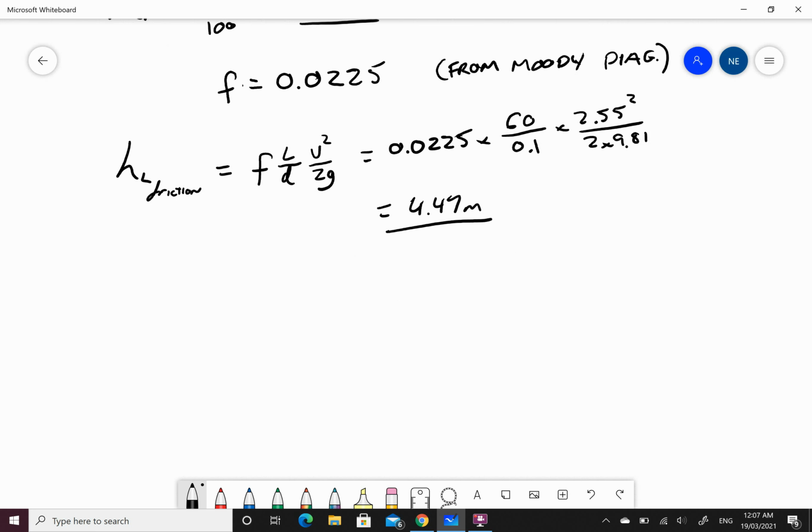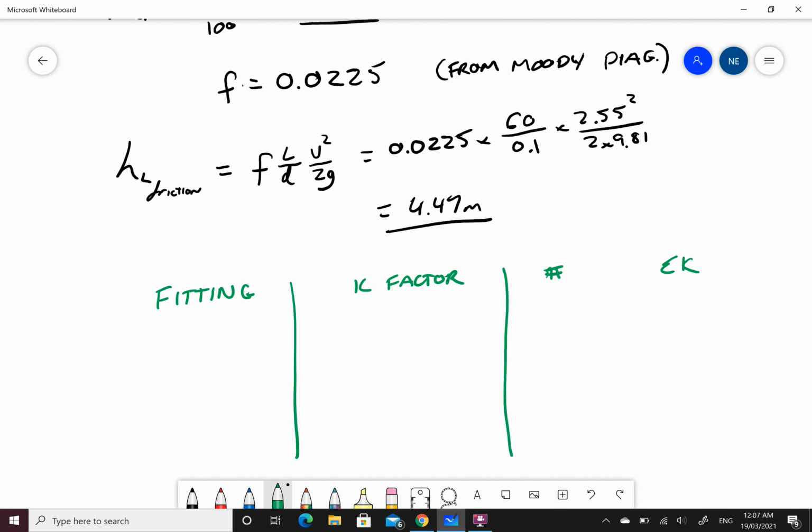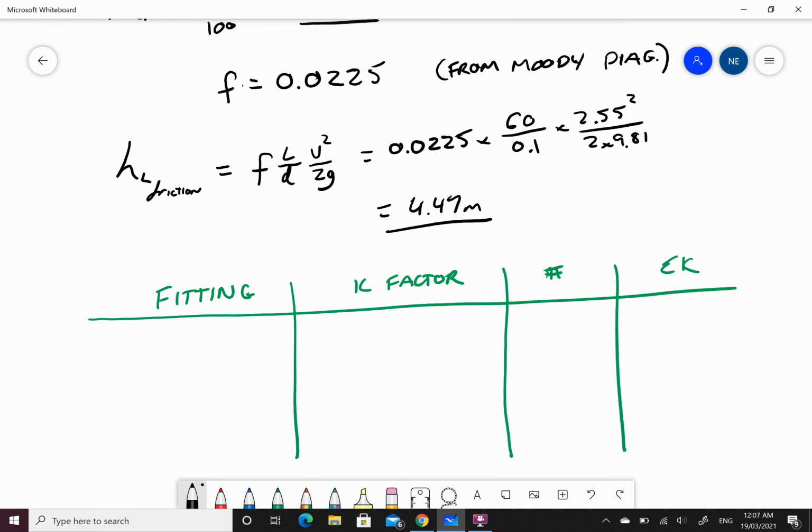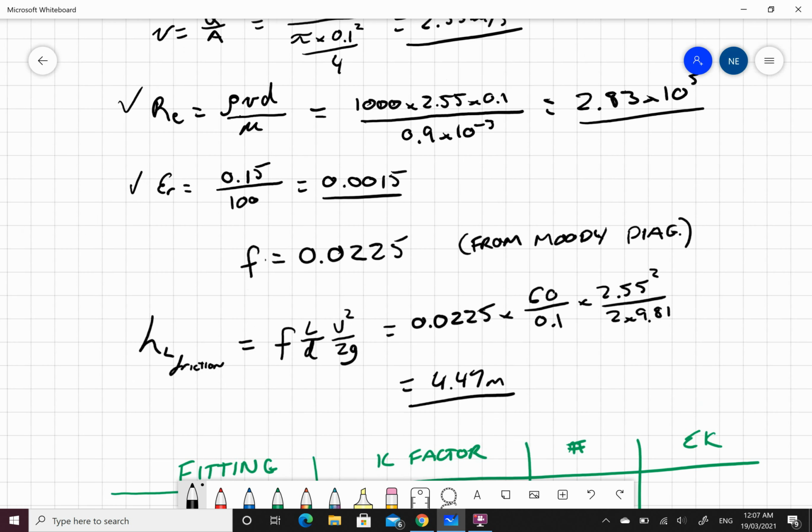Now let's go through and do the fittings. So how do we set this out again? My fitting, K factor, my number of fittings, and then my sum of K. What fittings do I have?